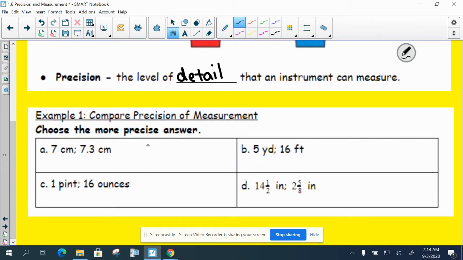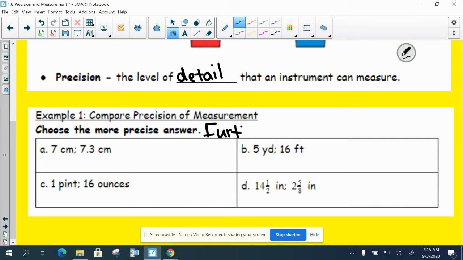So here are some examples of how to tell which number is more precise. 7 centimeters or 7.3 centimeters. There are two different rules for precision. One is the place value, so the number with the further place value.